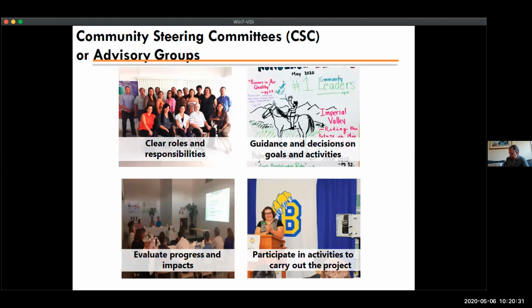They can involve all kinds of different community members and leaders from different community-based organizations, and places where you may intend to site monitors that may be disproportionately affected by the kinds of pollution you're measuring in the community. So it's important to also lay out clear roles and responsibilities for members of the community steering committee to figure out how they will be involved in decision-making and activities to carry out the project, as well as evaluate its impacts and progress. Next slide.